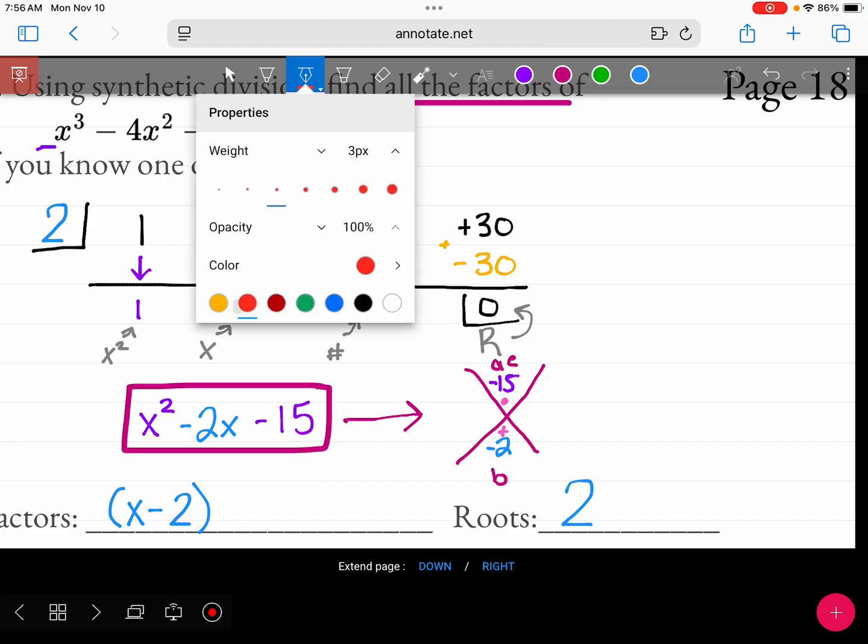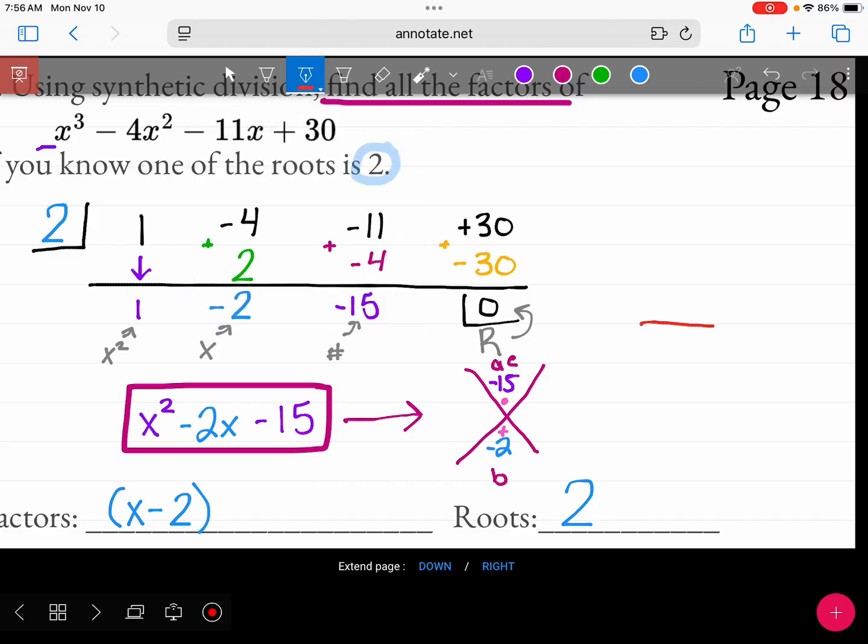When in doubt on these, make a list of things that do that multiplication. Multiply to make 15. Well, that'd be 1 and 15. Doesn't divide by 2. 3 and 5. So does one of those pairs have a difference of 2? Yeah. Which one of them is going to need to be negative in order for them to add to be negative 2?